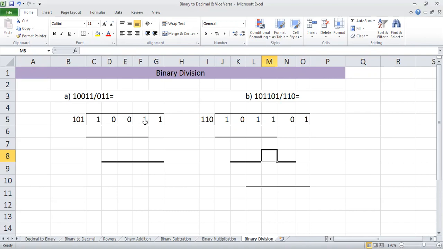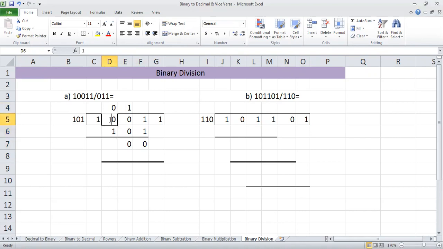And because I'm taking first 4 digits, it means I have to put a 0 in the quotient. And now I can write 100 and now it will go with 1 and I can write 101. Now do the subtraction. 1 minus 1 is 0. 0 minus 0 is 0. 0 minus 1 is not possible. So it will take a borrow from the next number.